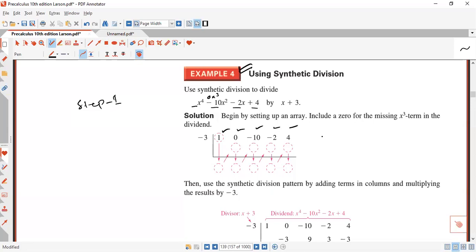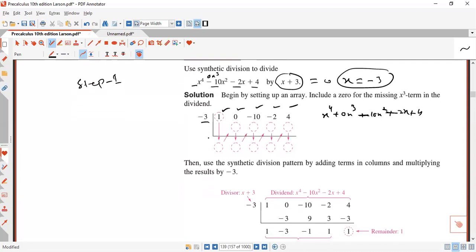That means x to the power 4 plus 0x cube minus 10x square minus 2x plus 4. And if the divisor is equal to 0, then you will get x equal to minus 3. So that's why we are writing negative 3.